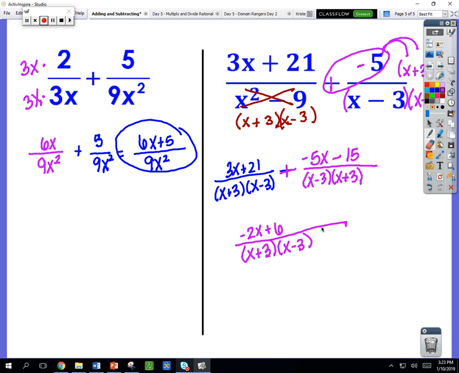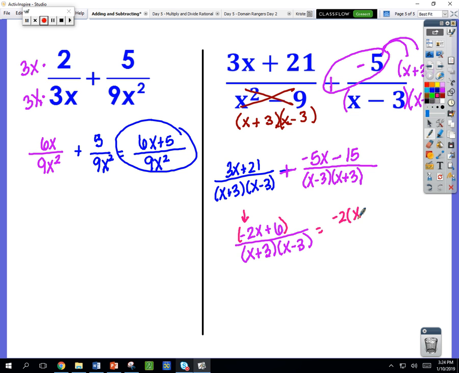So now I'm going to check and see if anything cancels and it can be simplified. So while I'm looking at that, I'm going, well, nothing cancels. But, yes, this is already factored, but I haven't factored my numerator because I didn't know what it was. So there is actually a GCF that I can take out of here. I can take a negative 2 out of both of those terms, and I would take a negative because my front number is negative.